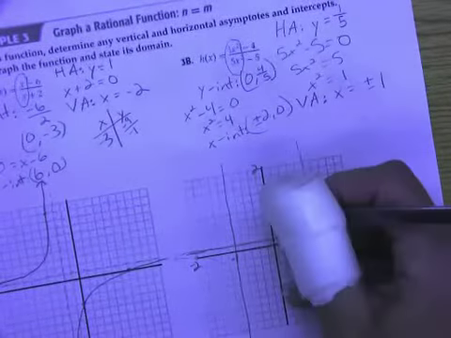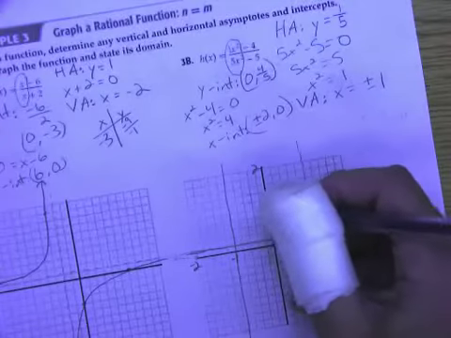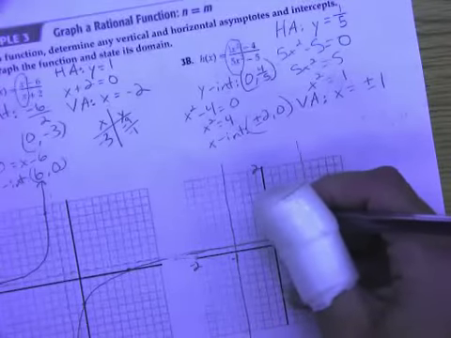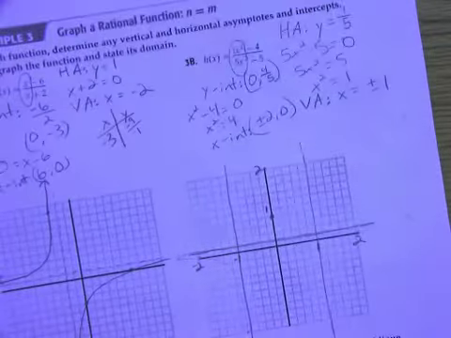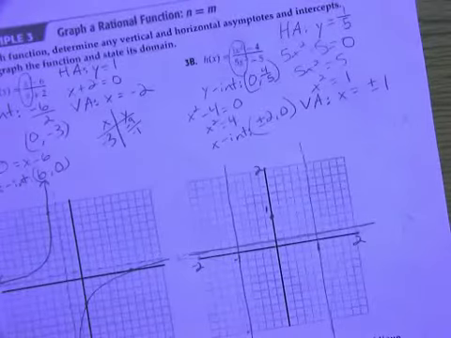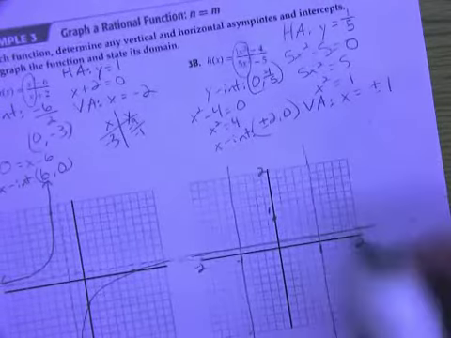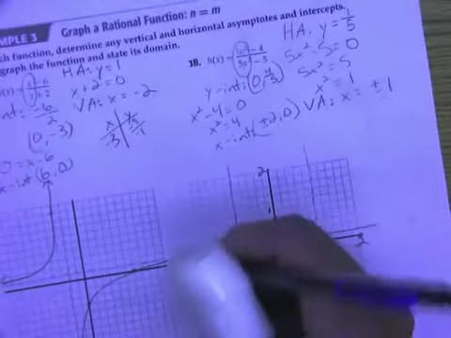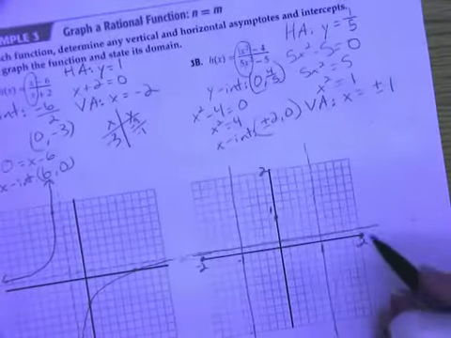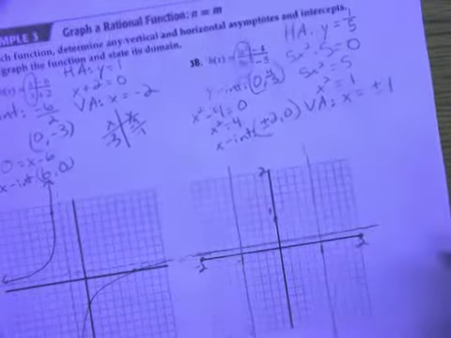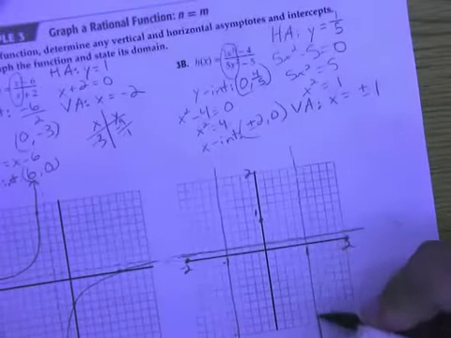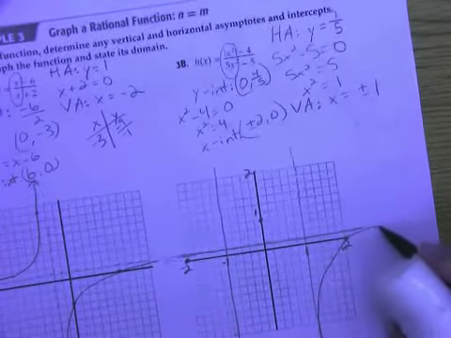My y-intercept is at 0, 4/5. My x-intercepts are at +2 and -2. So that makes the right and left sides of our graph pretty easy to see how it's going to shape up.